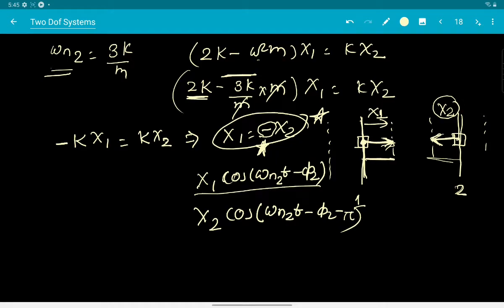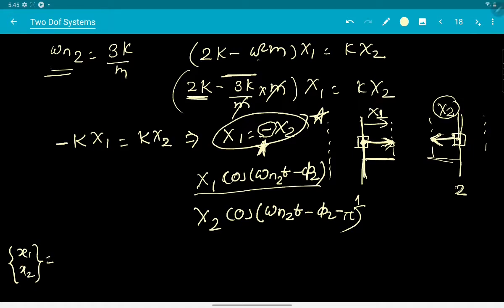So we'll be able to construct a generic expression for x1 and x2 for any initial conditions, which will not always be harmonic in nature. They will be harmonic only in certain conditions.